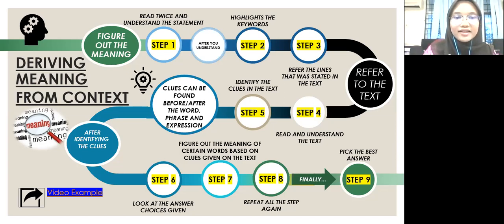After you identify the clues, in step 6, look at the answer choices given one by one from A to D. Then you figure out the meaning of certain words based on the clues given in the text. In step 8, you repeat all the steps to make sure that you circle the correct answer. And finally, in the last step, you pick the best answer.